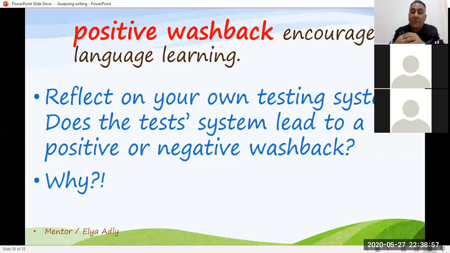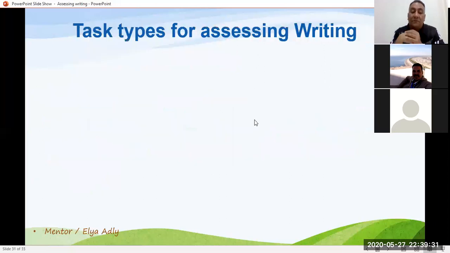Please pay attention to this point because it's very important, and we discovered that it has a big influence on applying the modern methodology in our classrooms. Do you agree with me? Yes. Okay. So is our system positive or negative? For me myself, it somehow depends on the teacher.